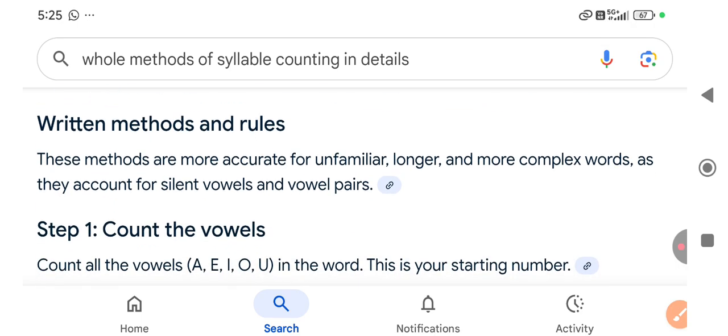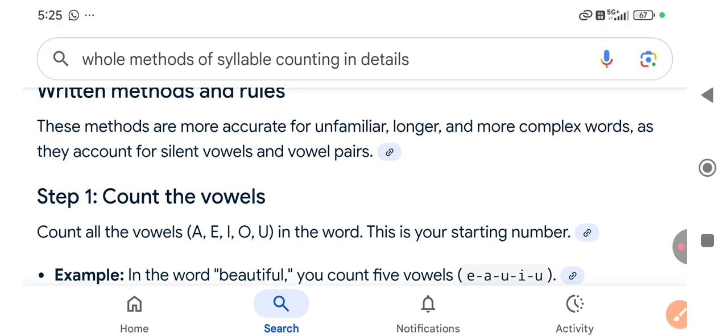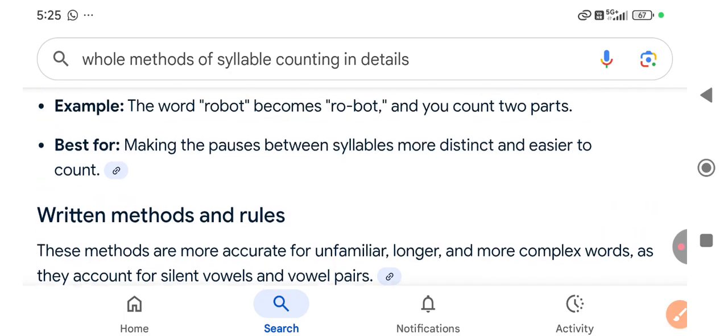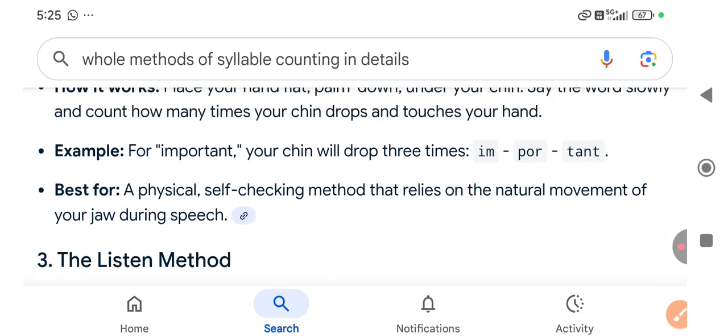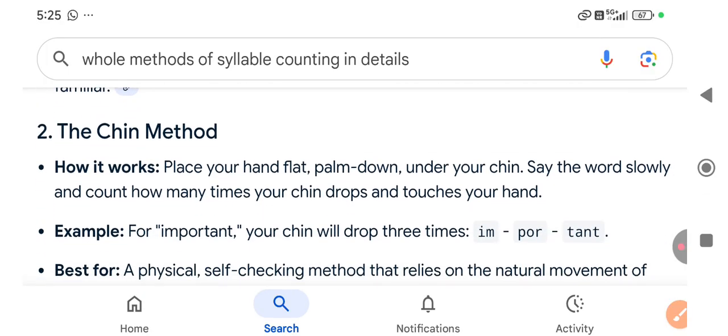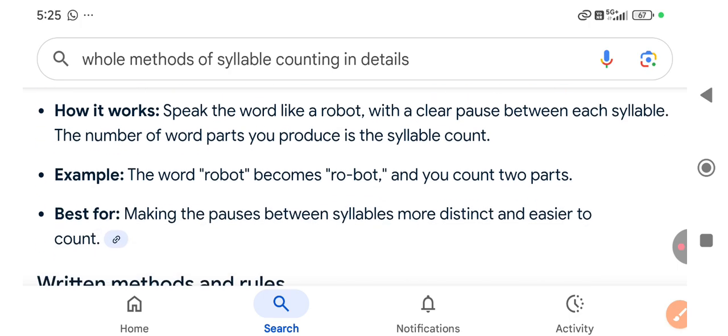Written methods and rules: here you have to listen very carefully and then do writing practice. These methods are more accurate for unfamiliar, longer, and more complex words. The upper ones were the simple methods where you just use the clap method or chin method, right, and the listen method, robot method.